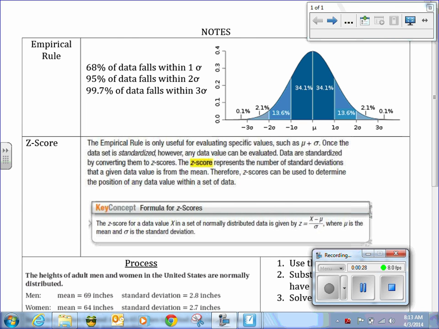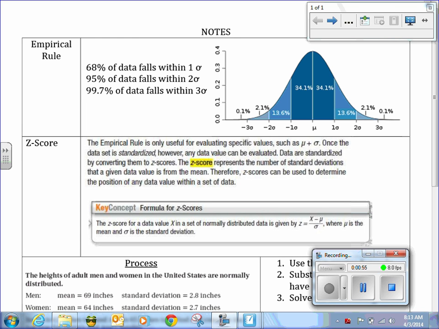You might have heard that you're in the such and such quartile when you're taking a test, or that you're in different quantiles. Z-score is basically talking about that type of information. So Z-score represents the number of standard deviations that a given data value is from the mean, okay?